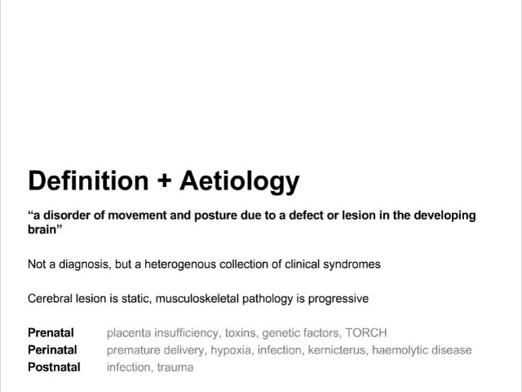Rubella, that's right. Perinatal causes, so premature delivery, any other reason for hypoxia, infection, kernicterus, and any hemolytic disease of the newborn. Postnatal causes shown to be infection and trauma. Again, classically, there was a lot of talk around inappropriate delivery techniques leading to hypoxia and leading to cerebral palsy.